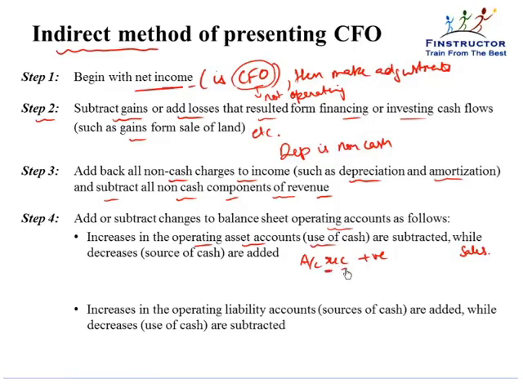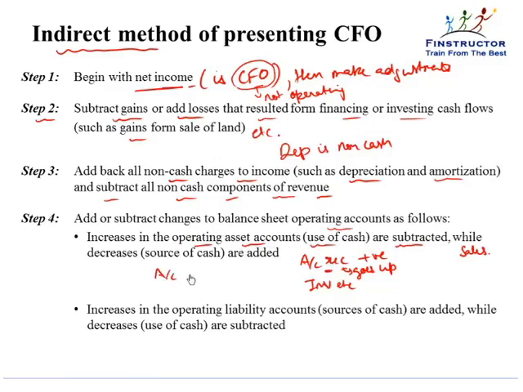So if the account receivables goes up, that means cash hasn't come and it will need to be subtracted. So any increase in operating asset accounts like accounts receivable or inventory will be subtracted. Any decrease in accounts receivable or inventory or operating asset accounts will be added back.